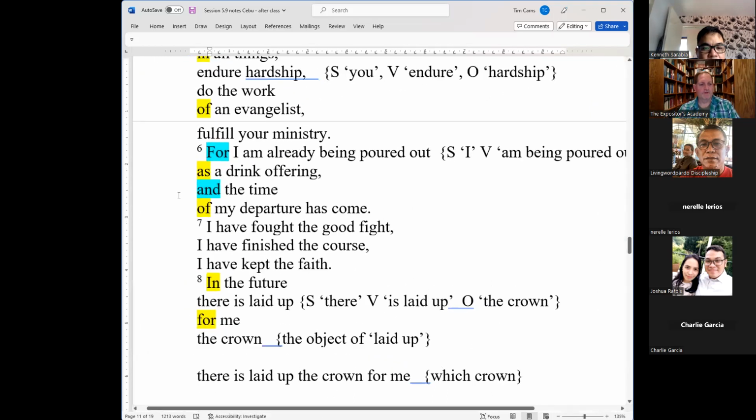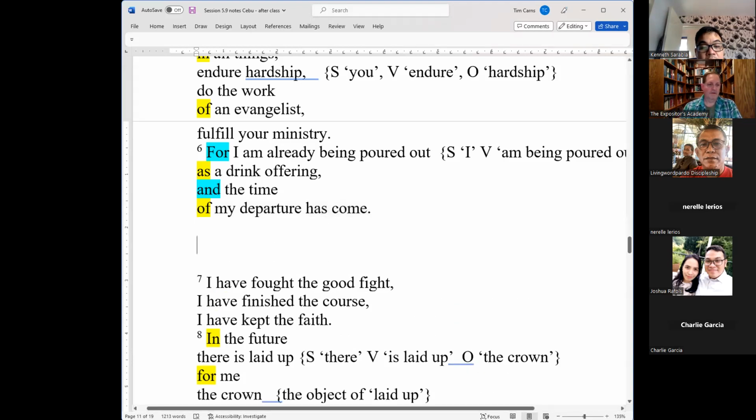Look down below here. Look at this one. The time of my departure has come. Of my departure has come. Does that go together? Is my departure the subject? Because this is a verb, obviously, has come. Notice here that we have a phrase inserted between a subject and a verb.